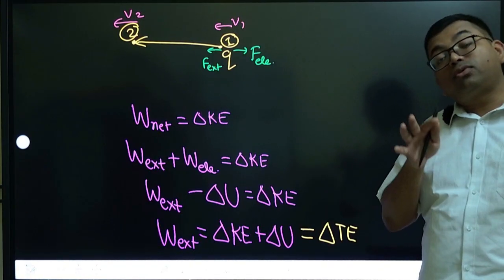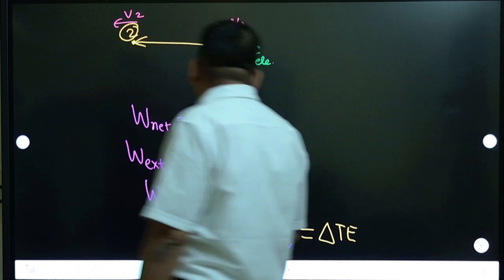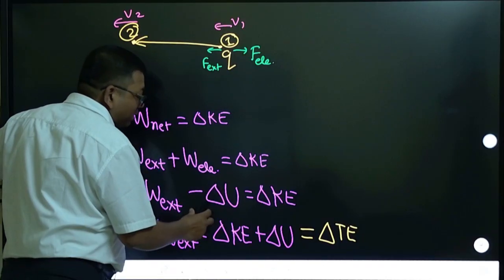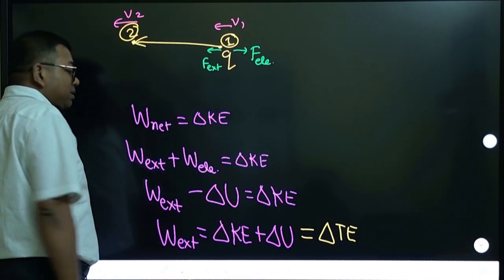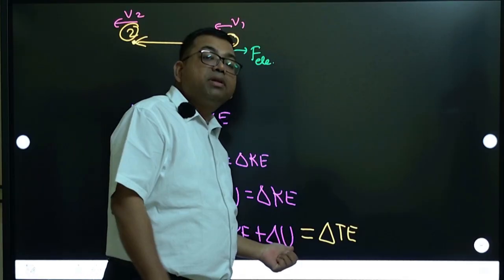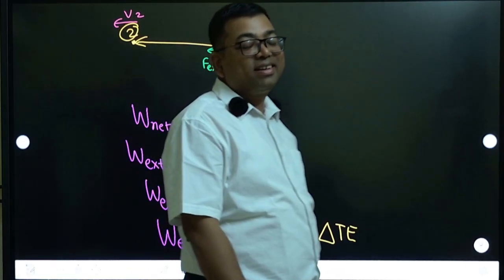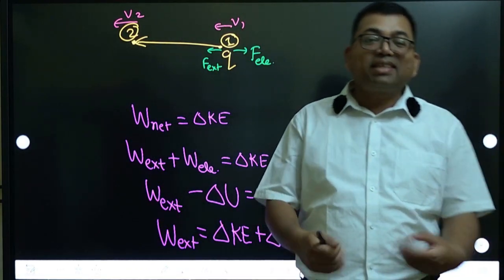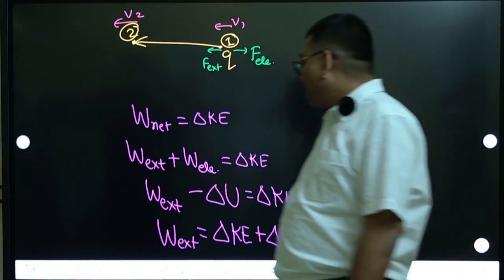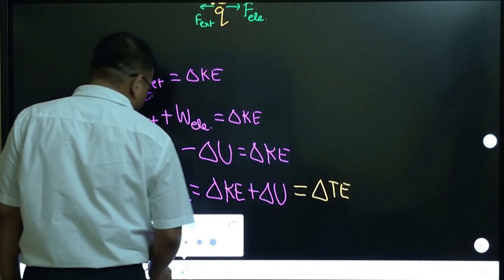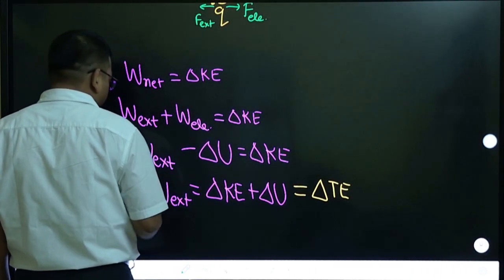Suppose gravitational force is also acting, then you also have to put here work done by gravitational force, and work done by gravity is minus change of potential energy, which will also come here. So basically it is the total change of energy, whatever energies are there. So work done by external forces will be the change of total energy.